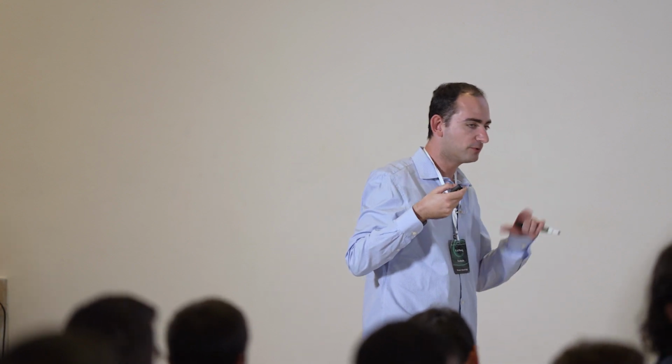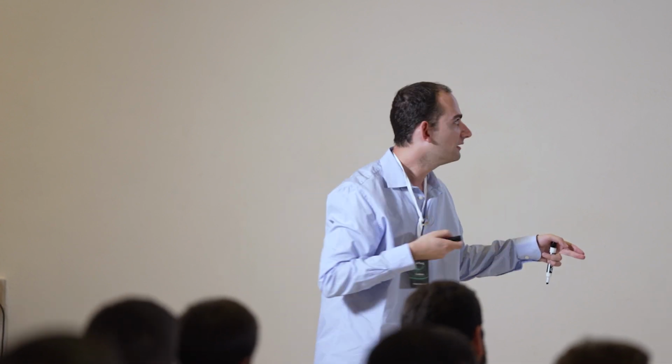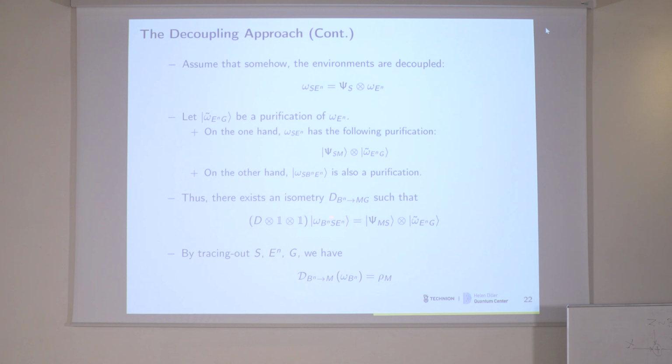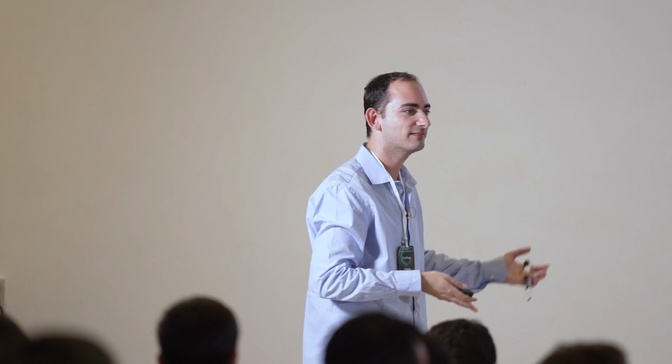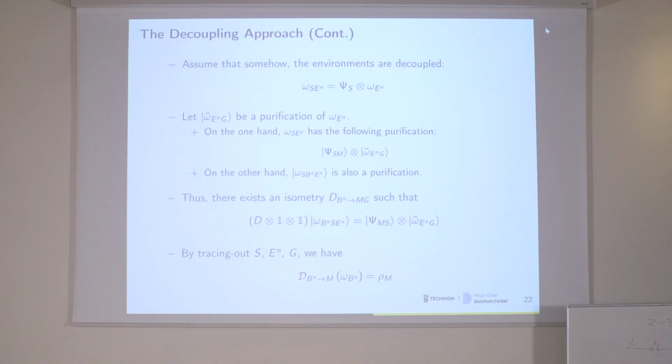If you remember from the first part, if we have two purifications, there is always an isometry that maps one purification to the other. So we assume that there exists this isometry that maps the output state to the information state. This isometry can be used as the decoder. So we know that there exists a decoder, even though we haven't found it, but this is enough to show achievability.